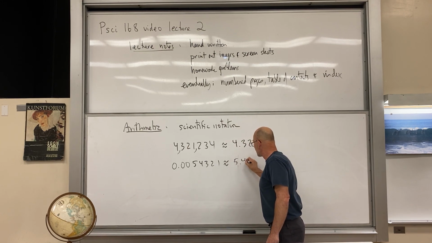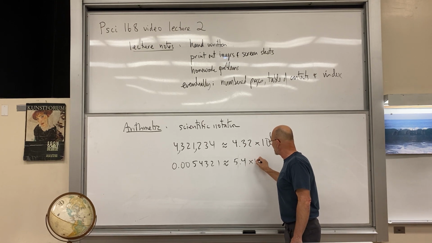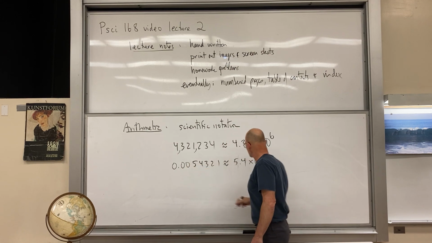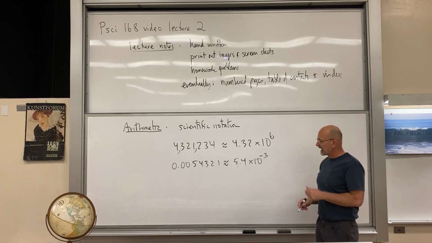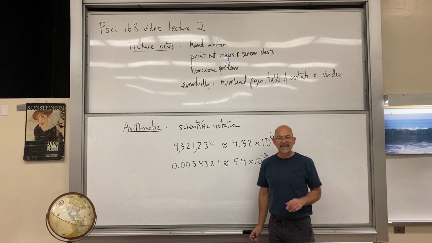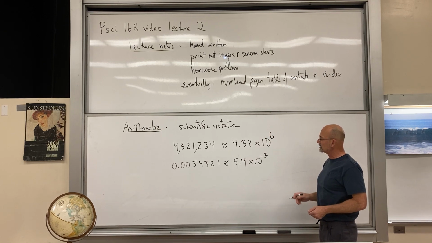I'm just going to go ahead and approximate it to 5.4 times 10 to the minus 1, 2, 3. Okay, to the minus 3. And so large numbers and very small numbers, they don't faze us in the least, because we can express them just in terms of scientific notation here.